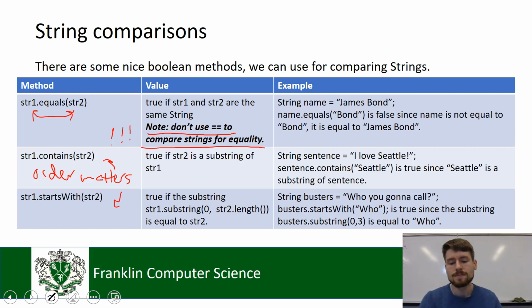That's true because the first 3 characters, so the first string dot length characters, of busters are the same. So who matches with that parameter string. Okay, so busters dot starts with who would be true because busters dot substring 0, 3 is equal to who.